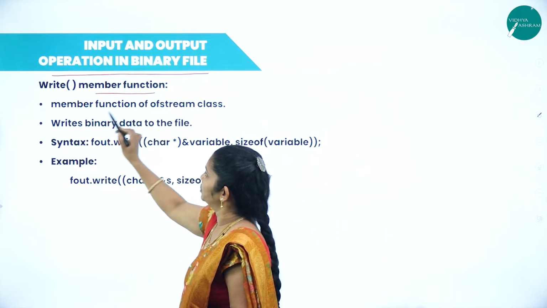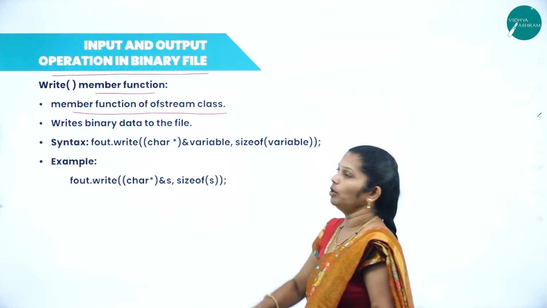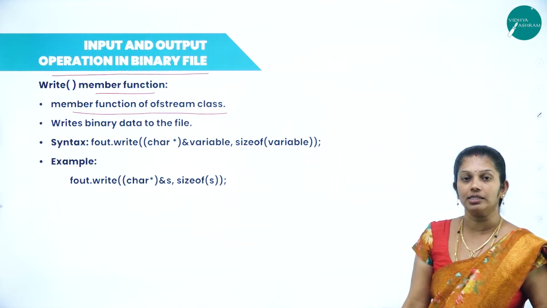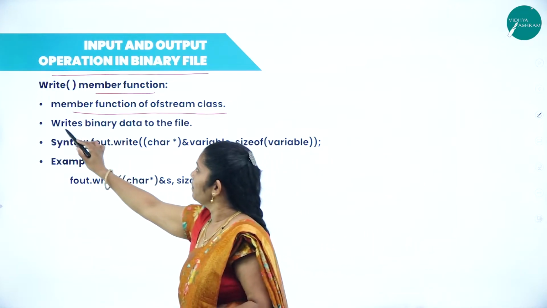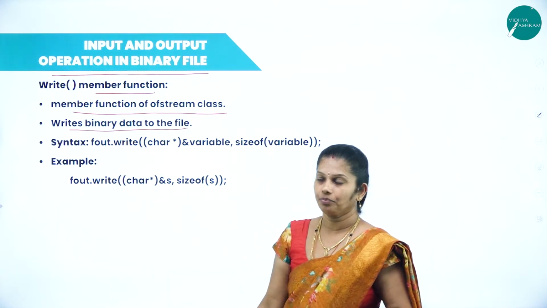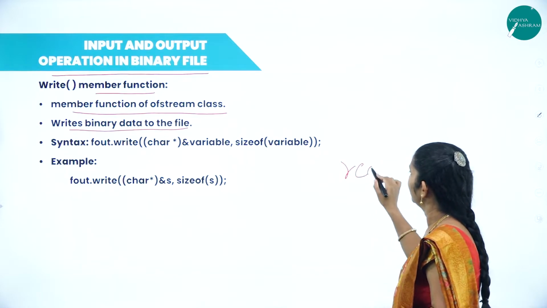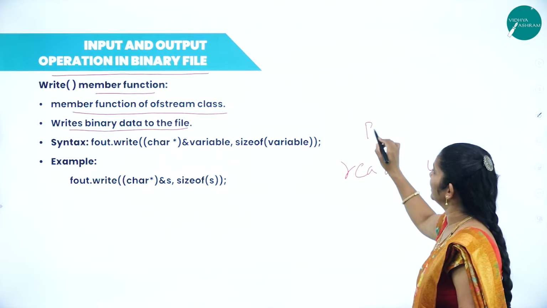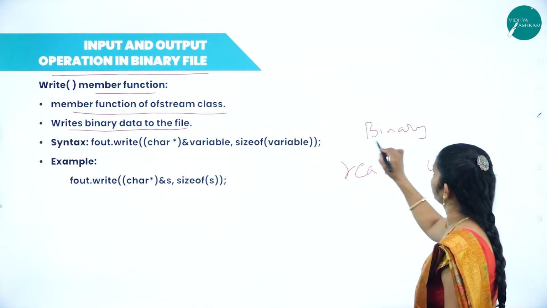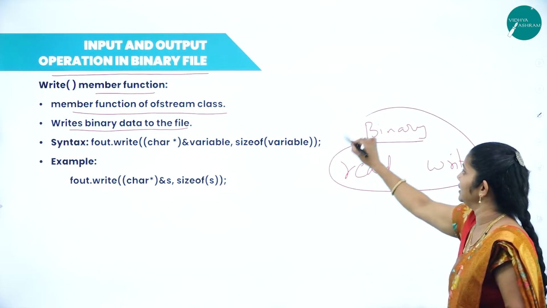The write member function belongs to the ofstream class. Output means ofstream class, and it writes binary data to the file. In binary format, we are using these two.